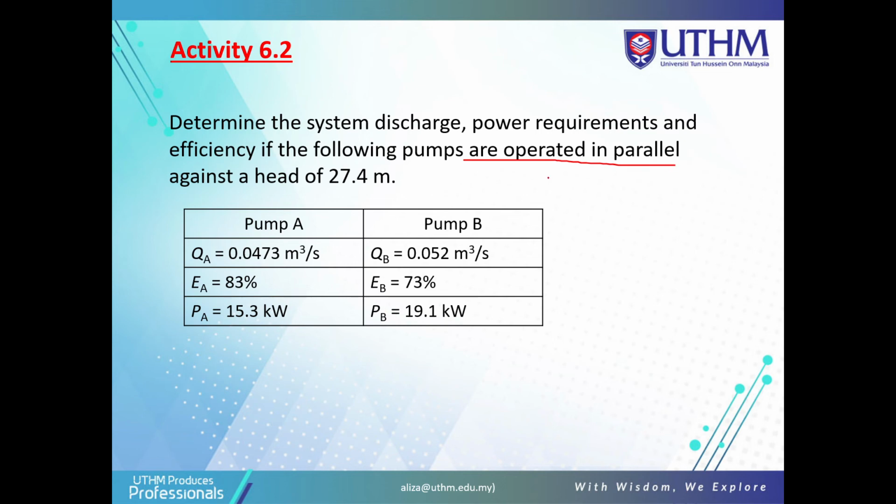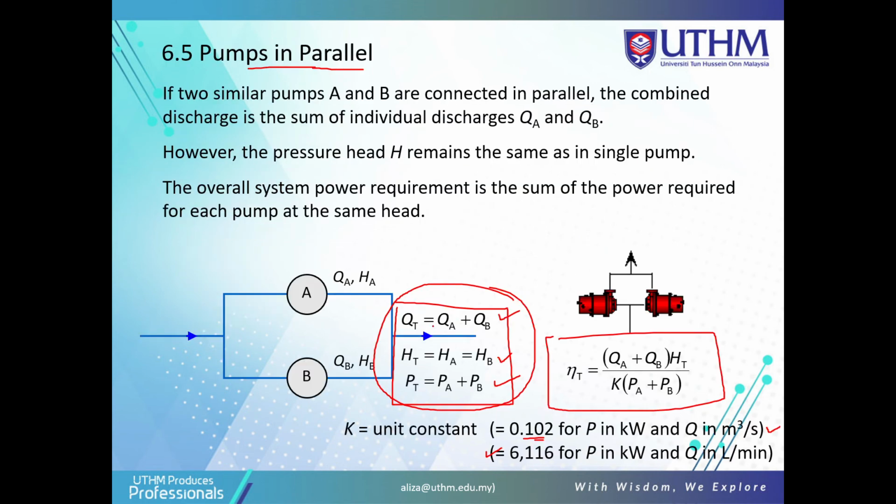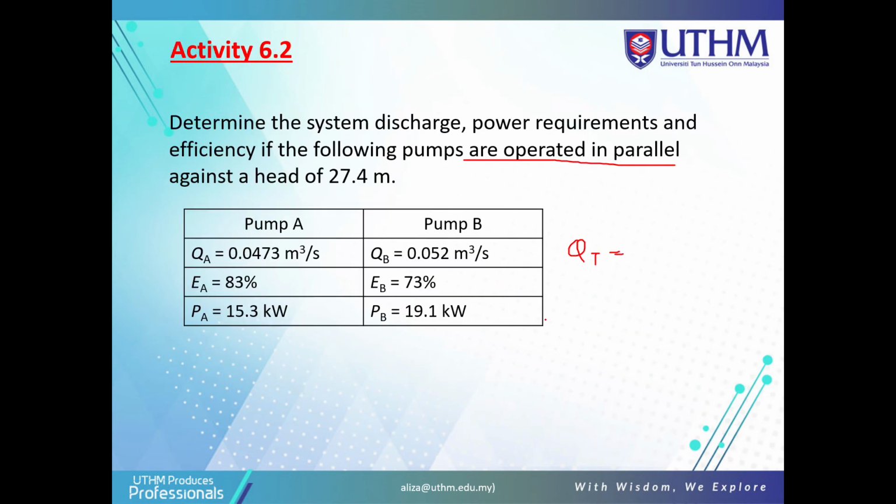When operating in parallel, you must know that Q total must be QA plus QB, and H total, HA must equal HB. You must remember this concept.